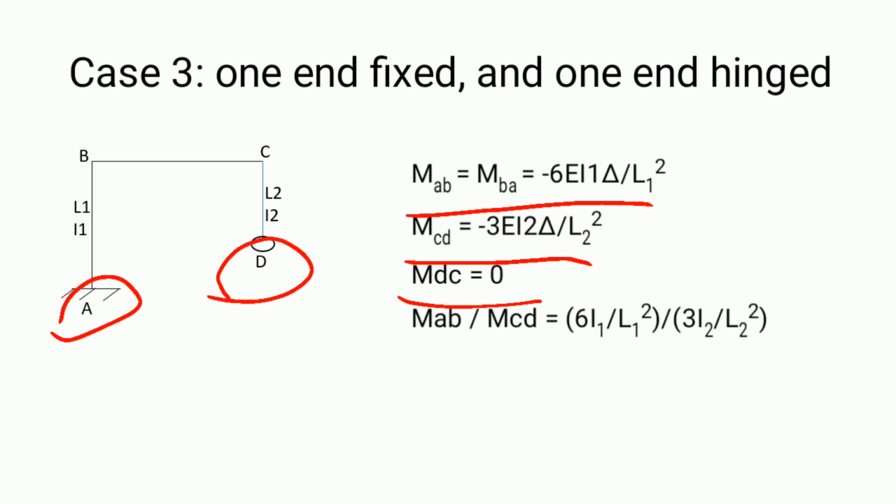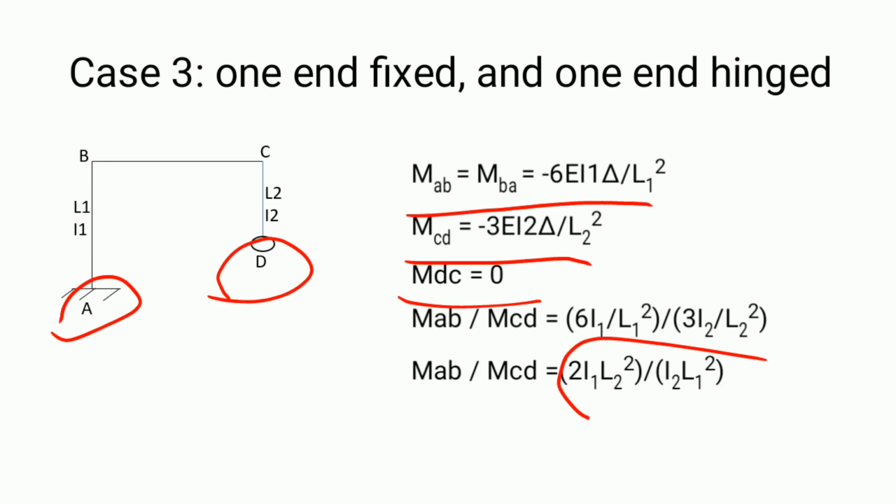If I want to take the ratio of the additional moments at the column heads, MBA divided by MCD will be equal to 6 EI1 delta divided by L1 square divided by 3 EI2 delta divided by L2 square. If I solve that, I will get the value as 2 I1 L2 square divided by I2 L1 square. So this is the ratio of the additional moment at column head level when one end of the portal frame is fixed and one end is hinged.